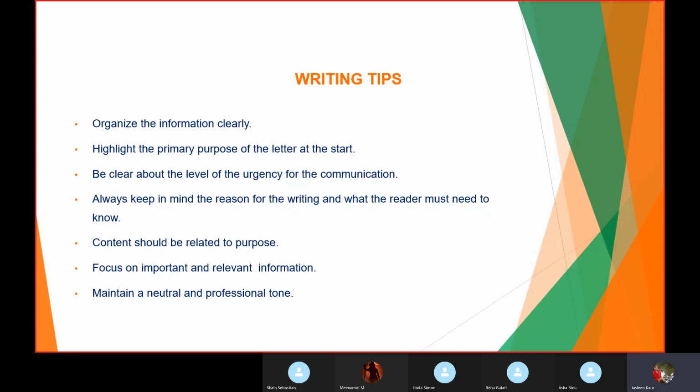Now, next is be clear about the level of urgency for the communication. Very imperative. If the urgent word is written in the task, like immediate, urgent, and you missed it, definitely you'll not get B. It would be C plus if you miss this urgency level. It could be even 290, 300 between that range.